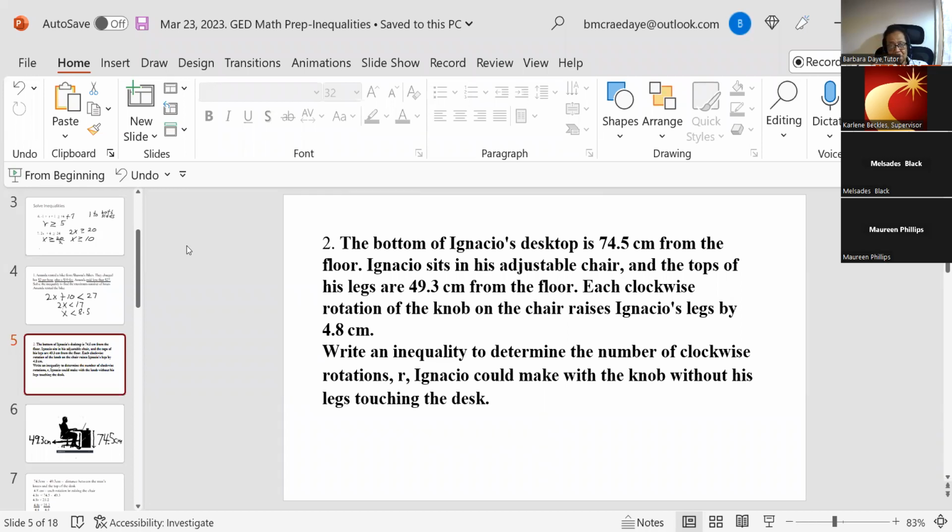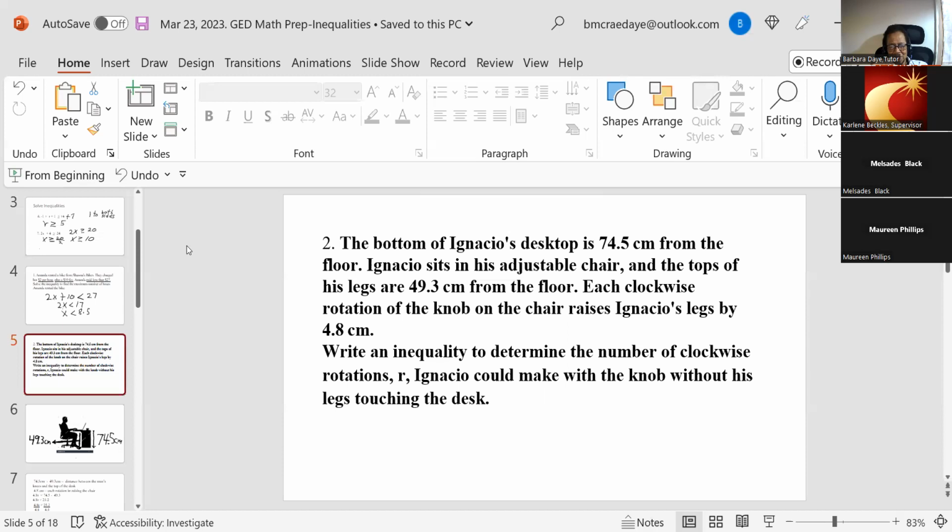The bottom of Ignacio's desktop is 74.5 centimeters from the floor. Ignacio sat in his adjustable chair, and the top of his legs are 49.3 centimeters from the floor.